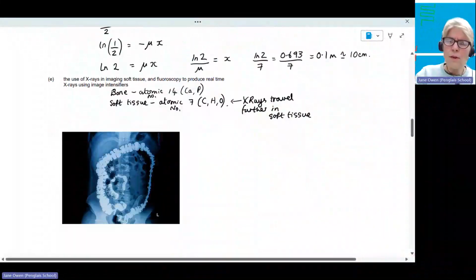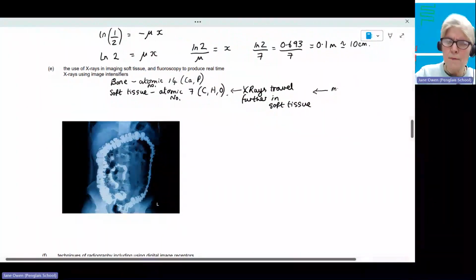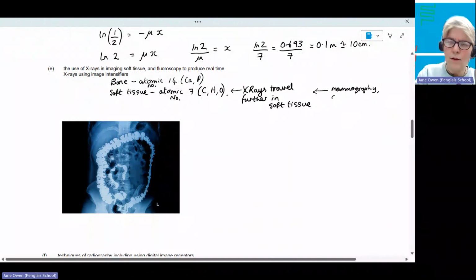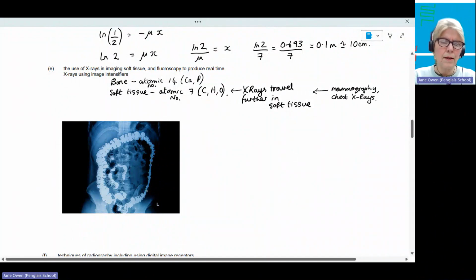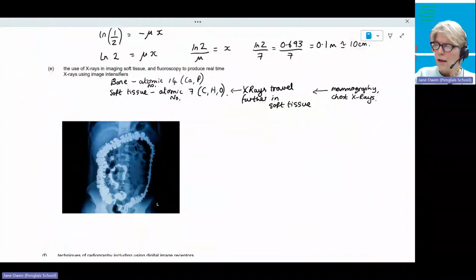We can use these for looking at mammograms, looking at breast tissue. We can look at it for chest X-rays. But very often we need a kind of contrast media to distinguish between different soft tissue.